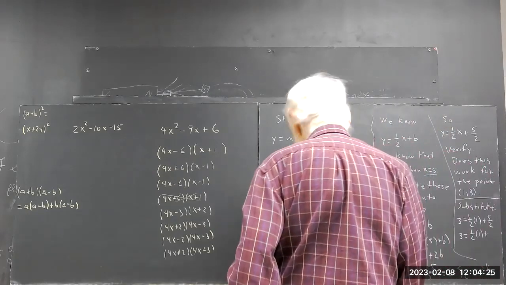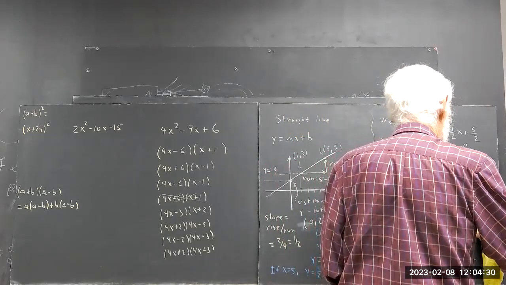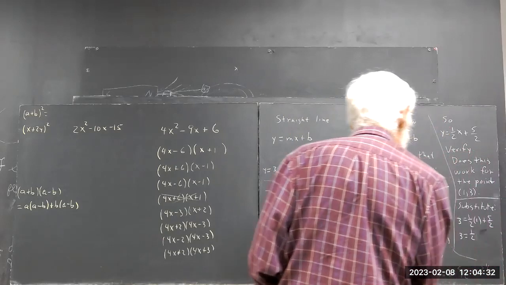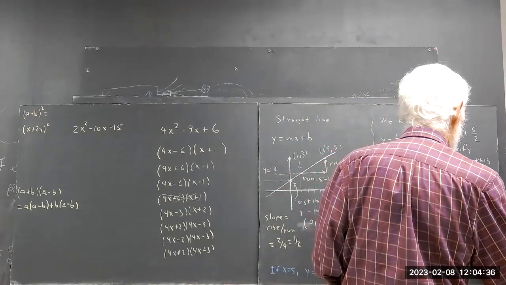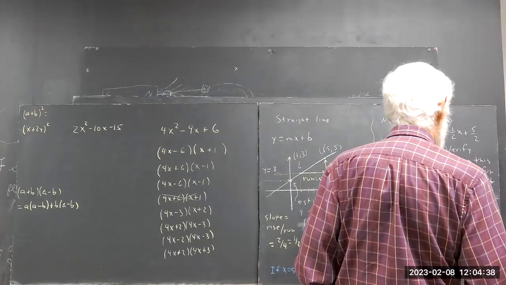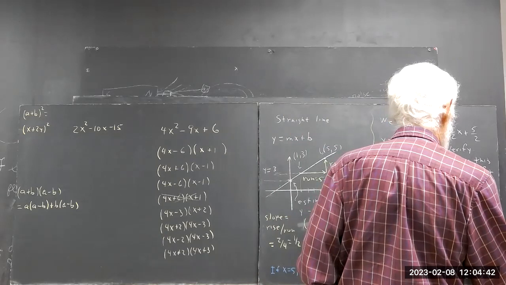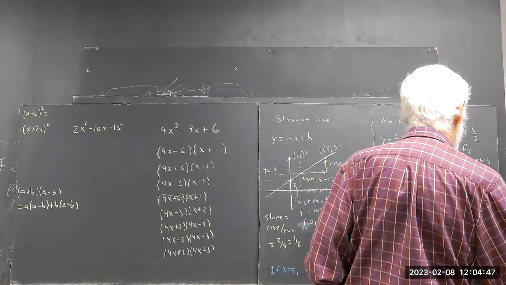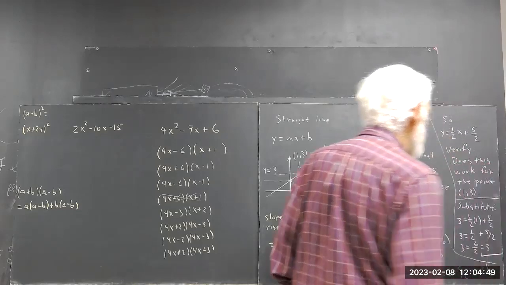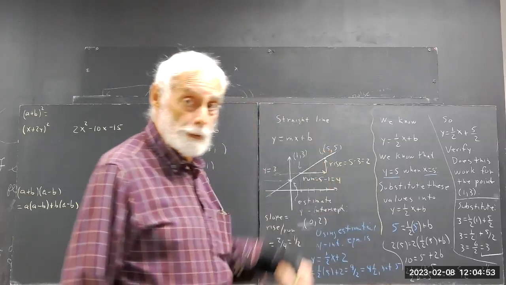Okay, 1/2 times 1 is 1/2. And to that we add 5/2. And we have 3 equals 1/2 and 5/2 is 6/2. And that equals 3. So we verify that this is the equation of a straight line through these 2 points.